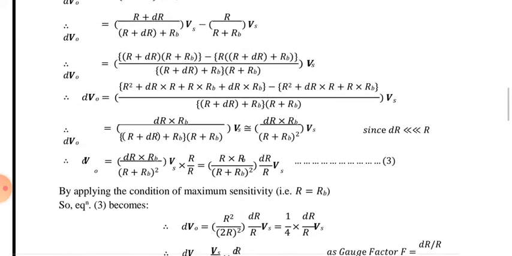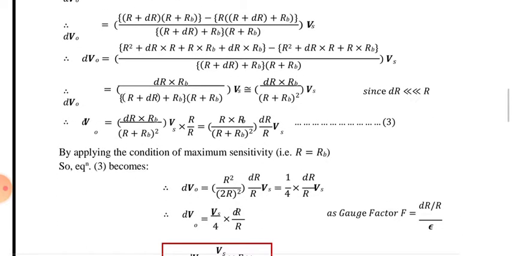Okay, so by applying the condition of maximum sensitivity, R equal to RB, equation 3 becomes DVO equal to, whatever the R present in the multiplication of RB, that RB will be replaced by R, means R into R will be R square, and in the denominator R plus RB.